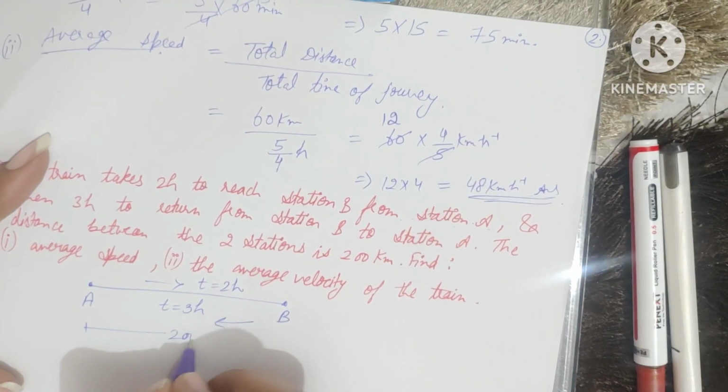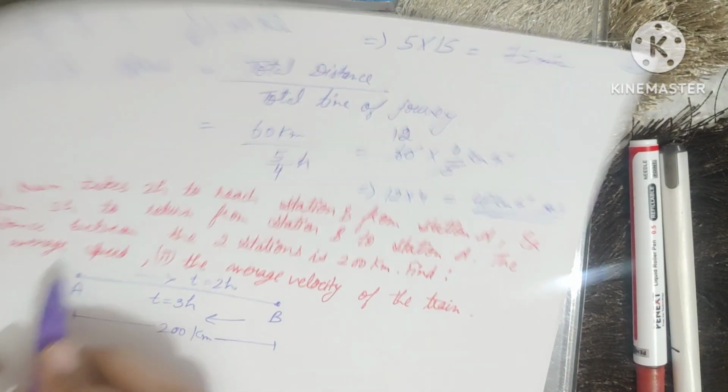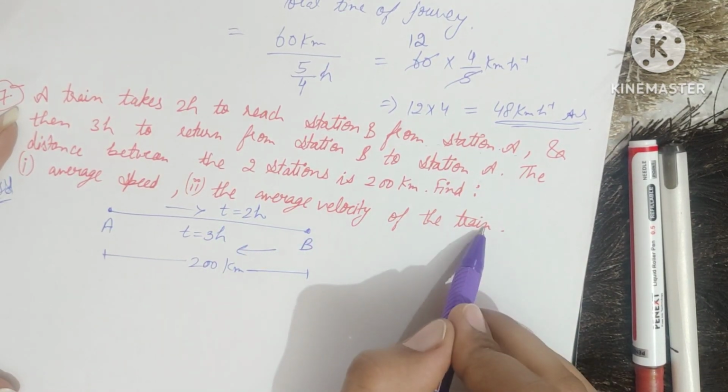Find the average speed and the average velocity of the train.